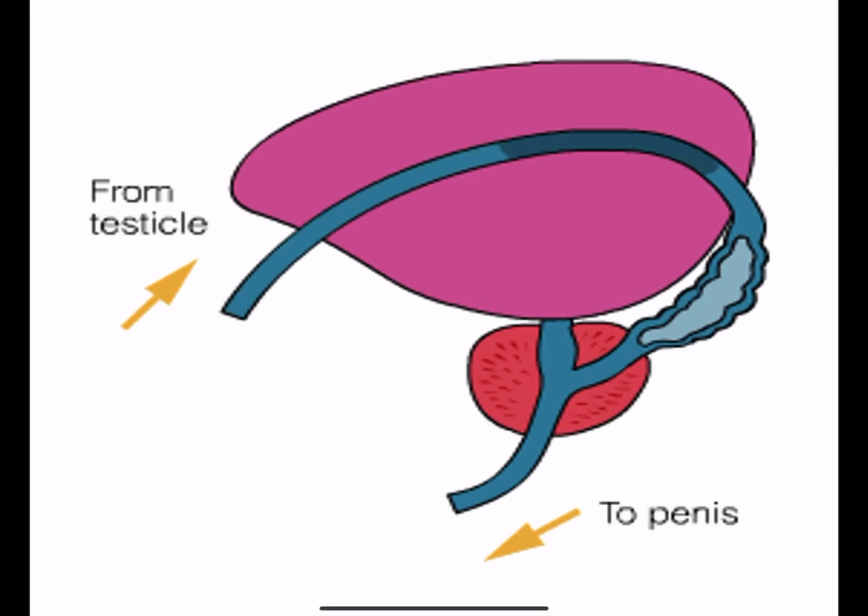This animation shows the transport of the sperm from the testis to the epididymis to the vas deferens, and then joined by a secretion from the prostate gland and seminal vesicle to the main ejaculatory duct and to the outside.